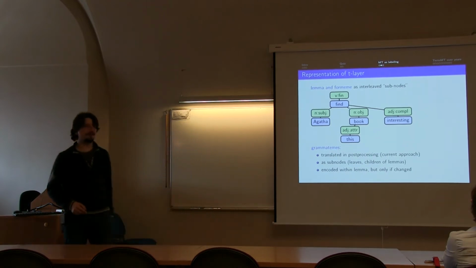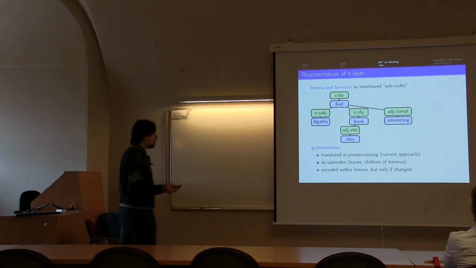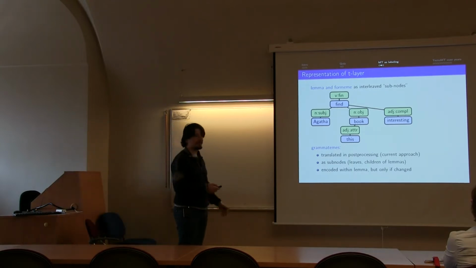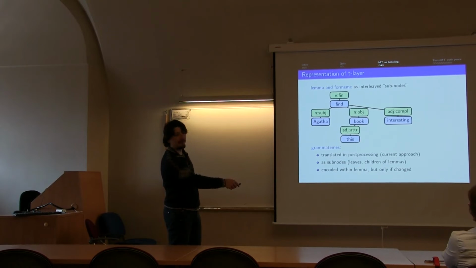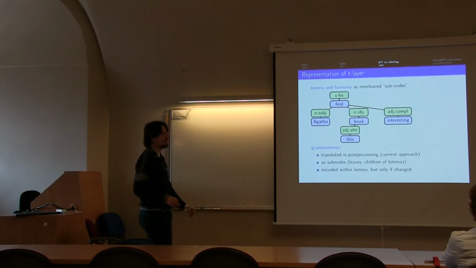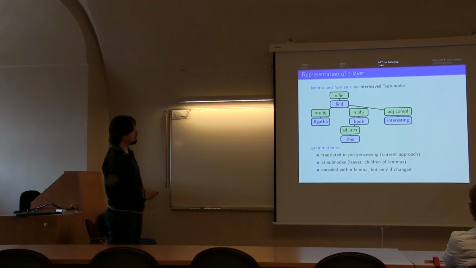So there is a list of exceptions, but we've always wanted to have it somehow automatically learned, so we can enhance this representation where each grammateme will be a child of the lemma, and it will be a leaf, with no other children, and it could still work.